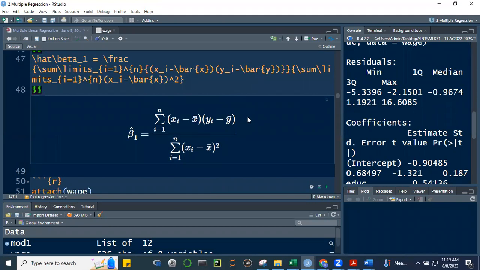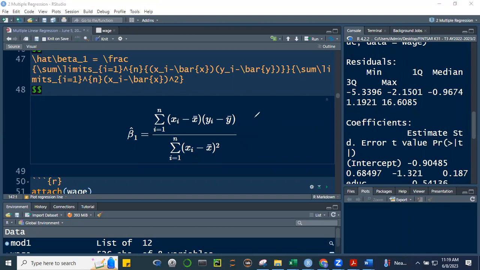You notice that the denominator is not present because it just divides by itself. This is divided by n minus 1, and this is also divided by n minus 1. The complete formula is divided by n minus 1 in both. Let me just quickly annotate that.